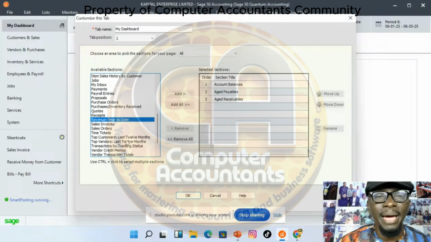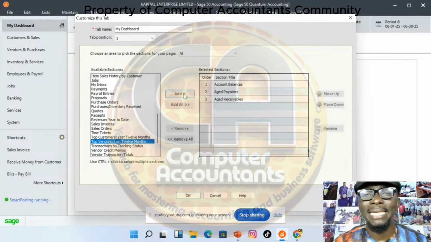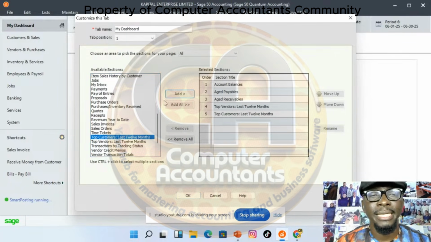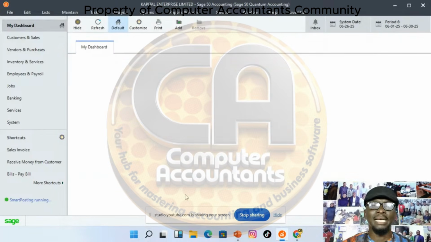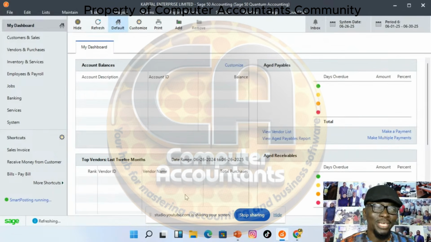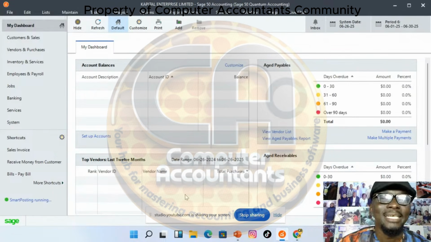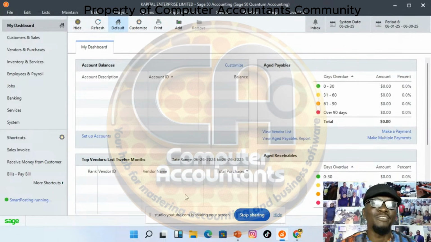I want to see my customers for the last 12 months, vendors for the last 12 months. I think I'm okay with this. So you add what you want to see. Add. Then I'll click OK. So you can see that my dashboard is looking like yours. Good. Now it's virtually empty because I have not done anything on it.